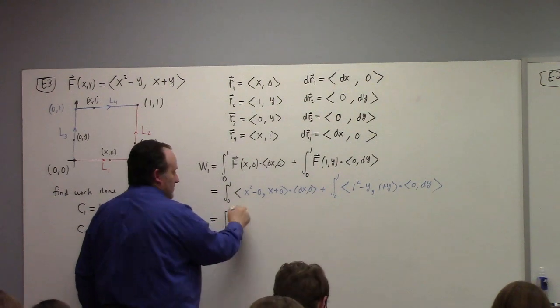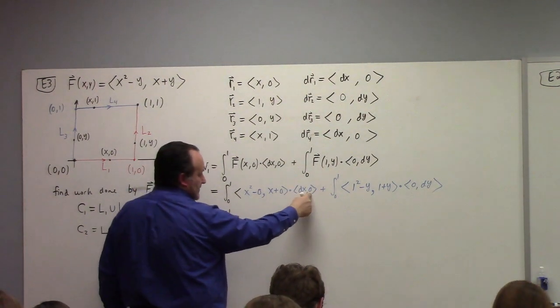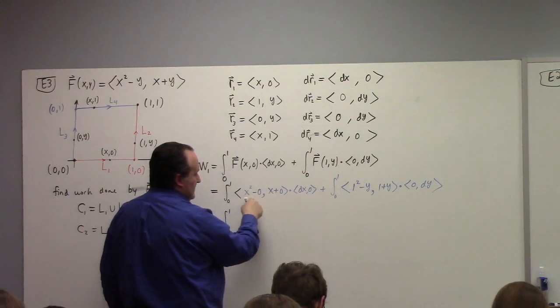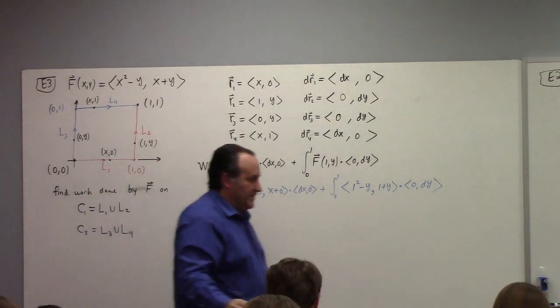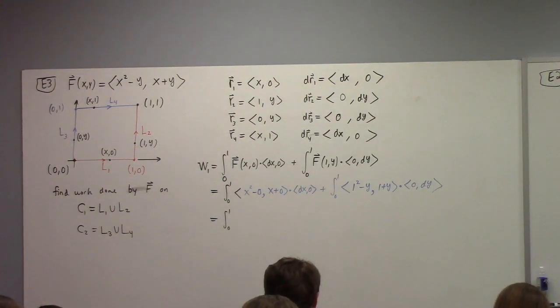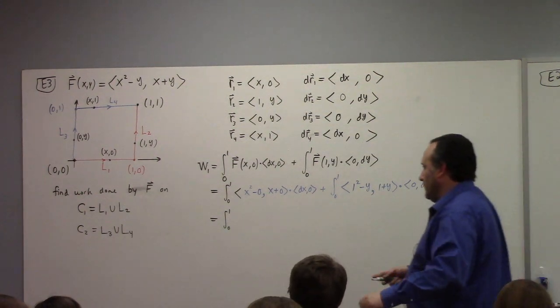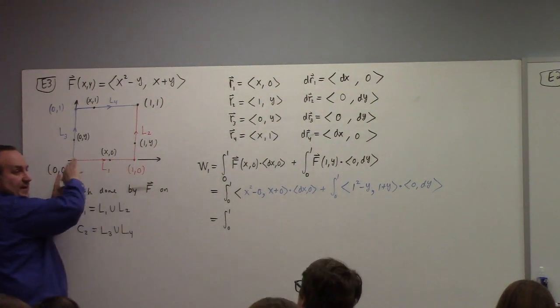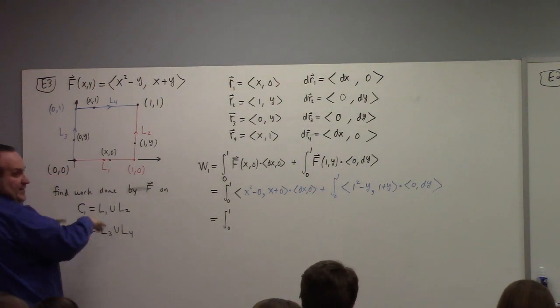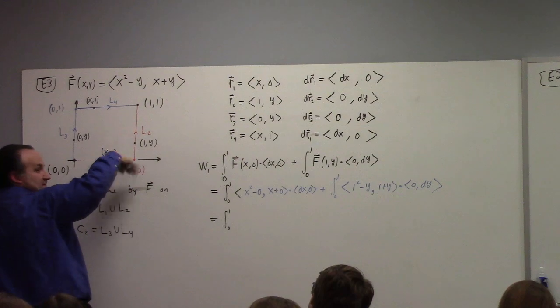Integral from 0 to 1. So 0 dot that, so we just look at the x components, right? The x component's all that matters there, and the y component's all that matters in the other one. If you think about how we described work last time, it makes a lot of sense. The part of the force which is doing work is the part that aligns with the path. So only the x part aligns with L1, only the y part aligns with L2.